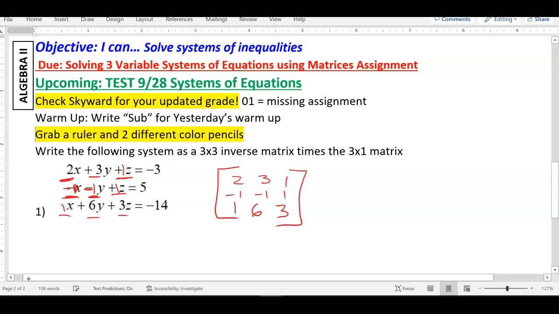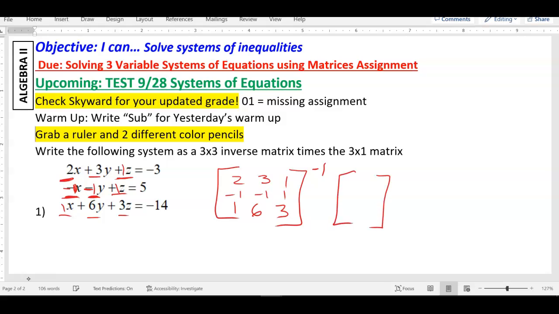And then what do we put next to the matrix at the top? Right. Little inverse -1. In the calculator, it's caret -1. Now, next to it, we're going to put a 3x1 matrix, which is the constants over here. So -3, 5, and -14. So this is all old news.